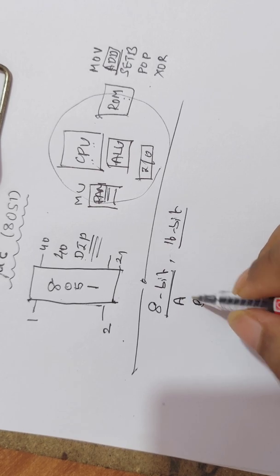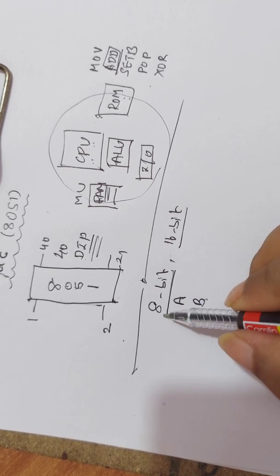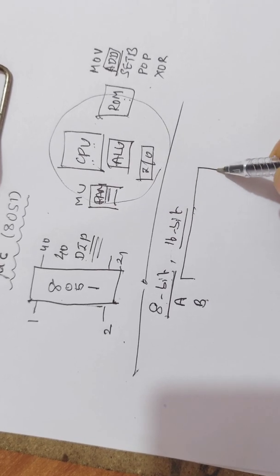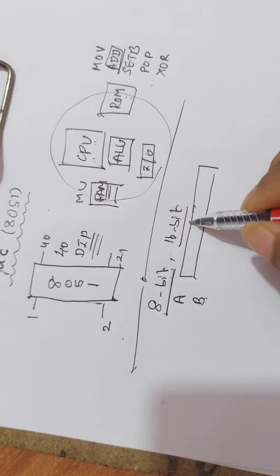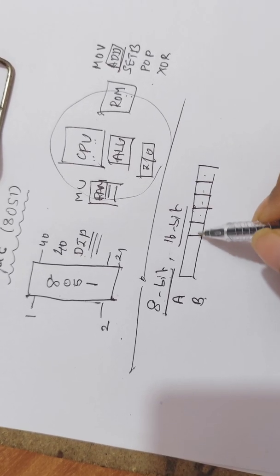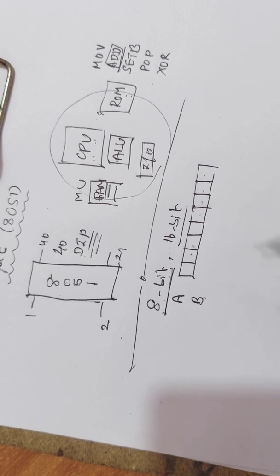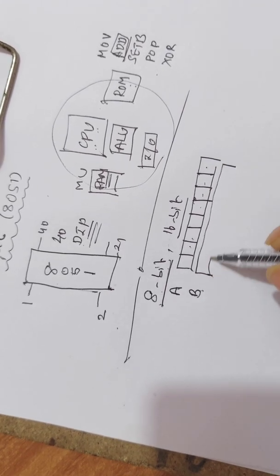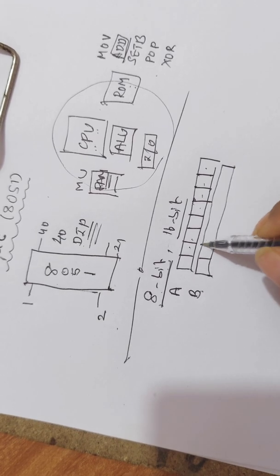Both A and B are 8-bit registers, totally 8 bits: 1, 2, 3, 4, 5, 6, 7, 8. A is an 8-bit register. Similarly, B is also an 8-bit register.